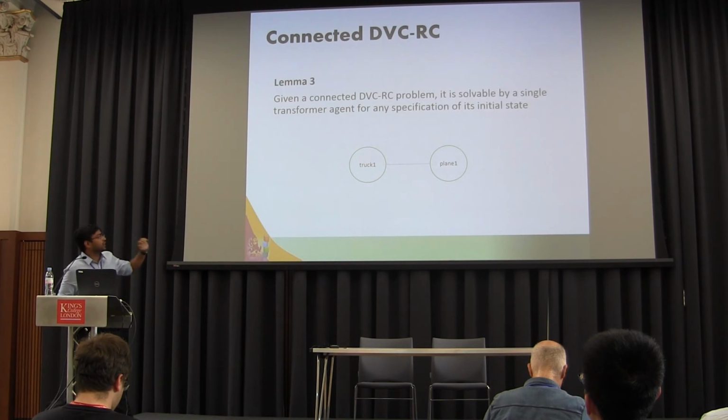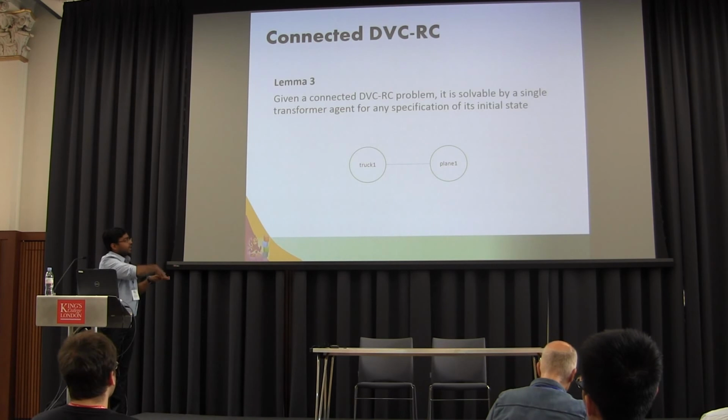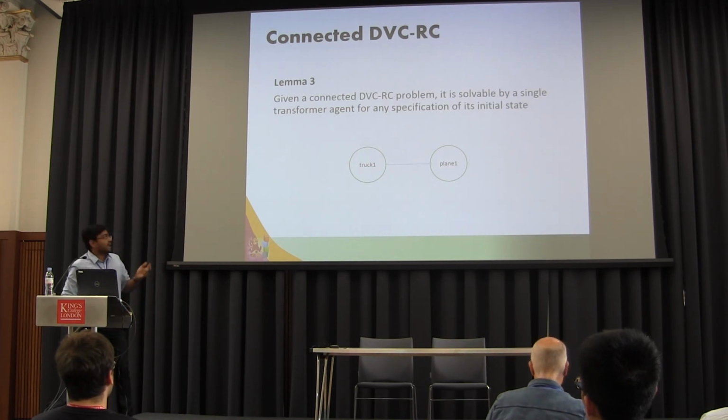For example, in a logistics problem where there is only one truck engine and one plane, and they meet at an airport, we can come up with a plan where this flying truck moves from one part of the city to the airport, and then from that airport to some other part, to unload some packages. So we can use this transform agent to solve the entire problem.